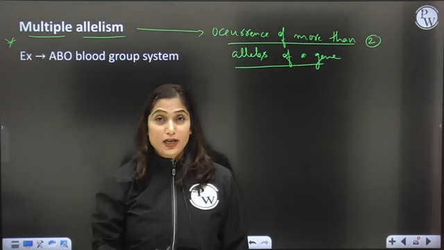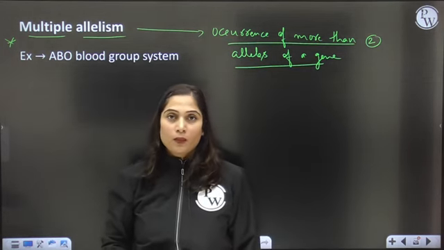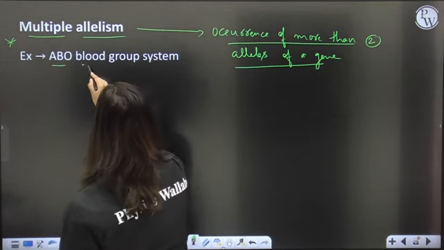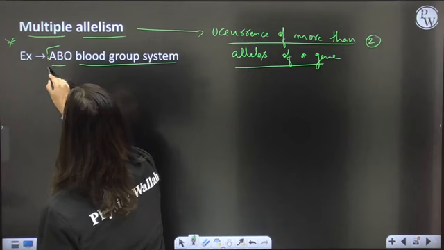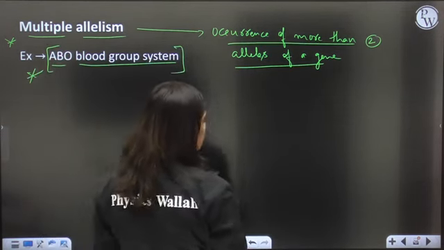Occurrence of more than two forms of a gene is multiple allelism. And an example is the ABO blood group system.